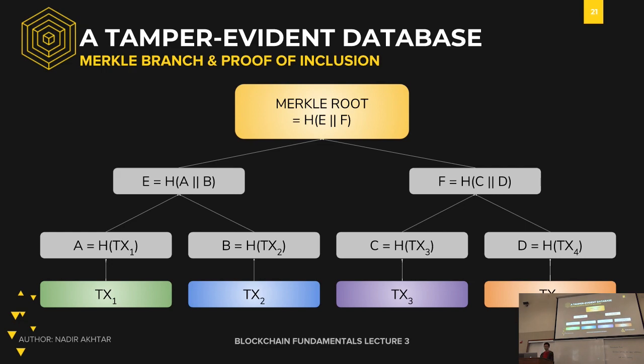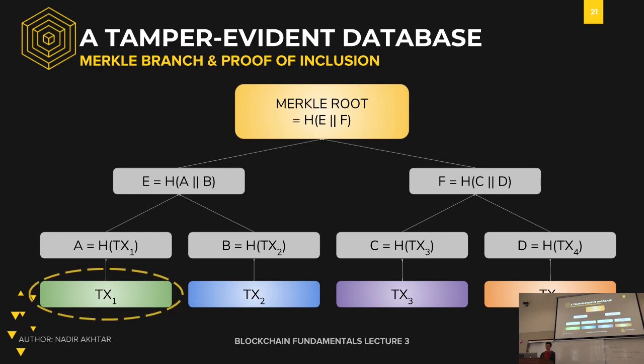Another question I want to bring up is, do we have to have all our transactions to verify that a Merkle root is valid? Let's say we only want to include one transaction in our Merkle tree. Is it possible that we can still form a valid Merkle root using just one transaction? I guess the idea is that as long as you have the hashes of the transactions that you don't want to include, you can form a valid Merkle root.